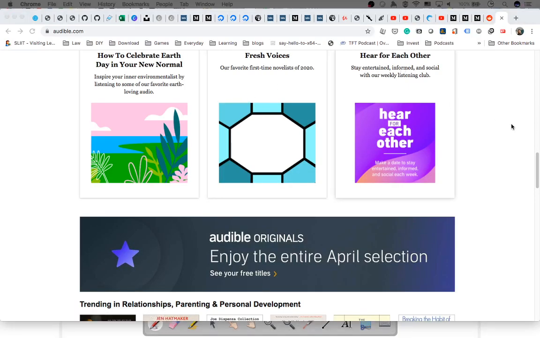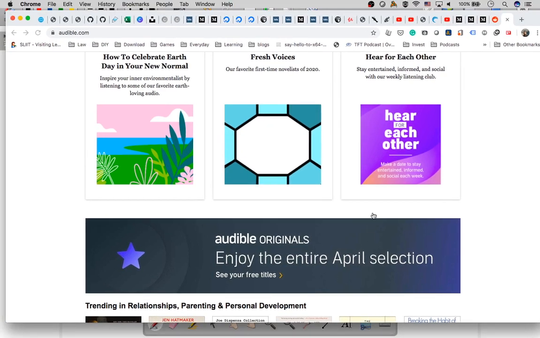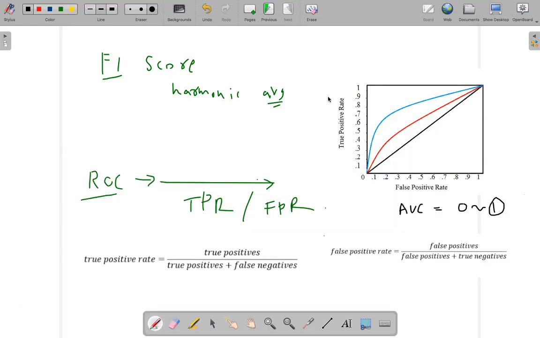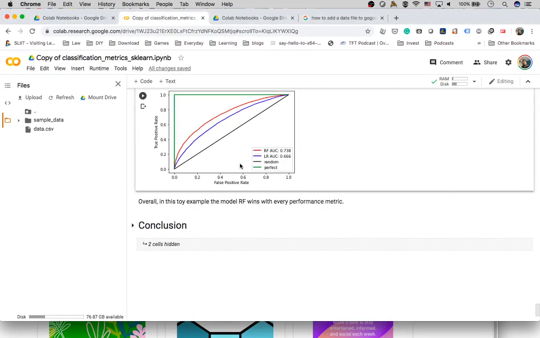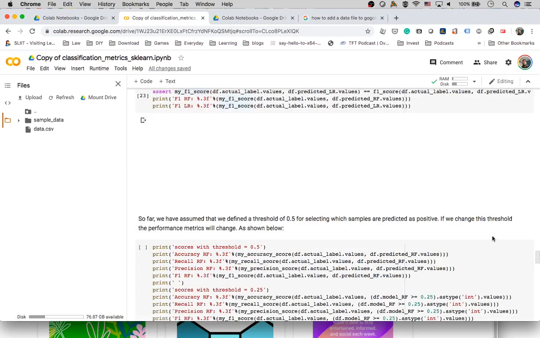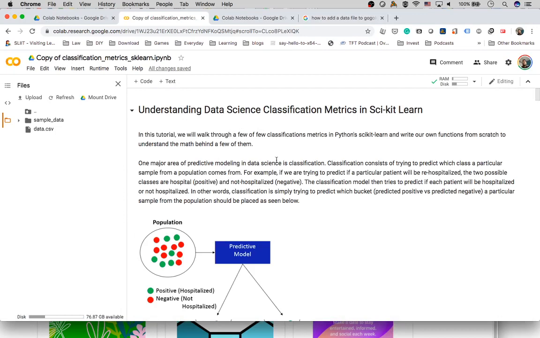Basically this notebook, we have worked with the Colabs.